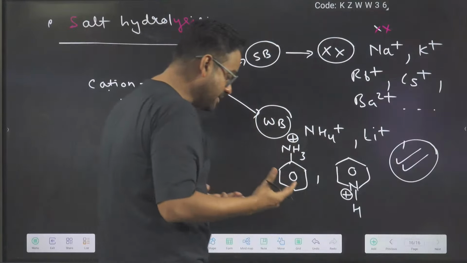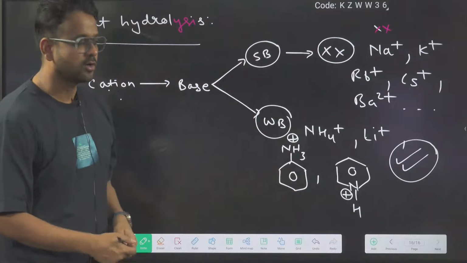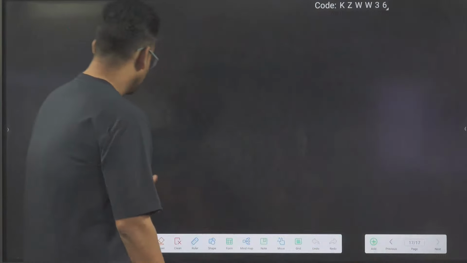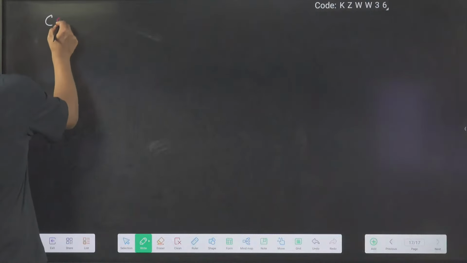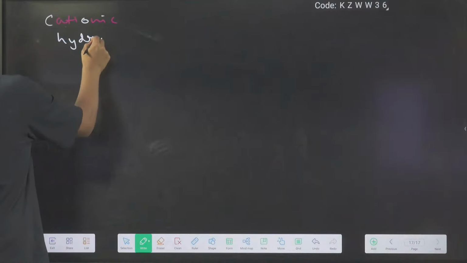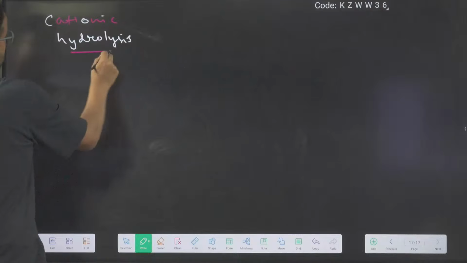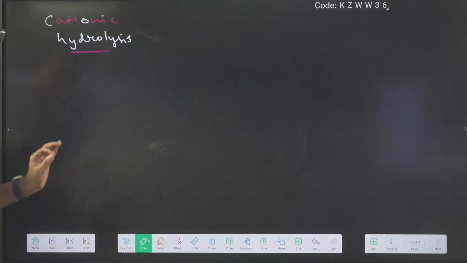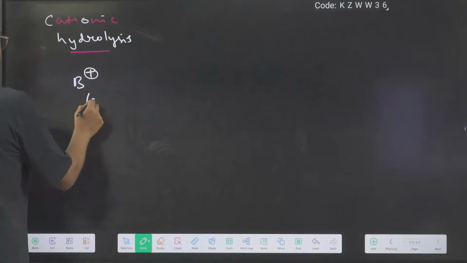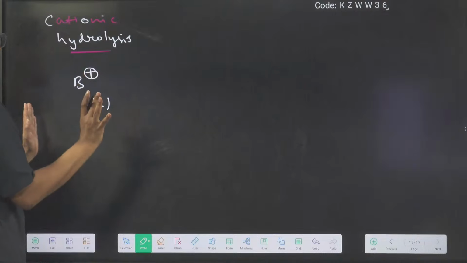Sir, what do you mean by hydrolysis? They will react with water. How will they react with water? Let's discuss that. So we are discussing cationic hydrolysis, okay? Any cation, suppose B+, whether you know its formula or not.